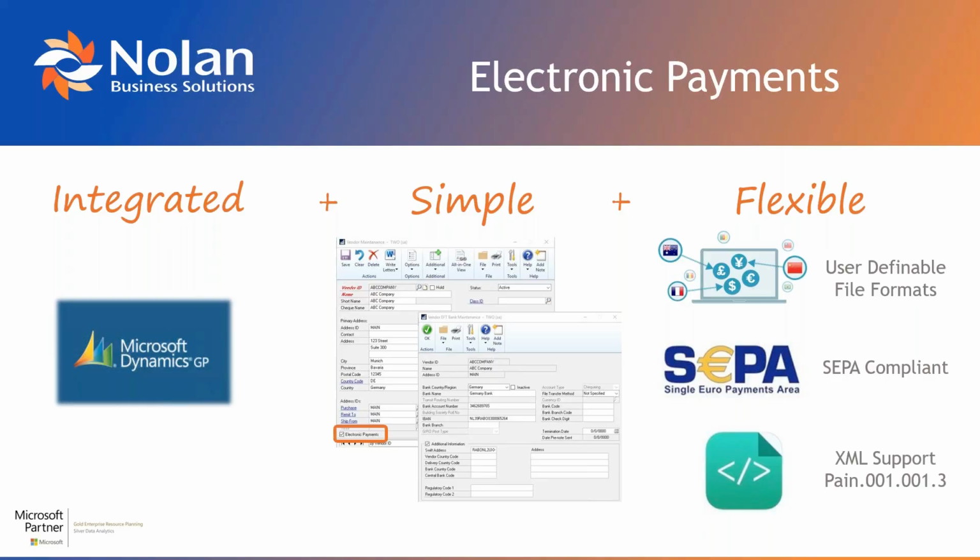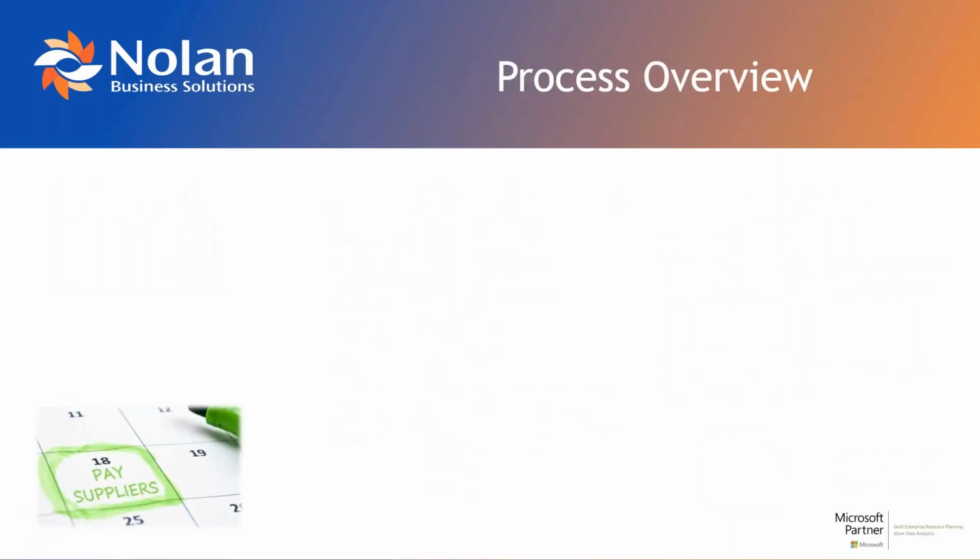SEPA compliance is something we're very comfortable with, and it is a format that is readily available out of the box. The SEPA format is in compliance with the XML Pain version 3. Using that as a base, we also have the ability to support a lot of international vendor payment requirements, to address country-specific requirements as well.